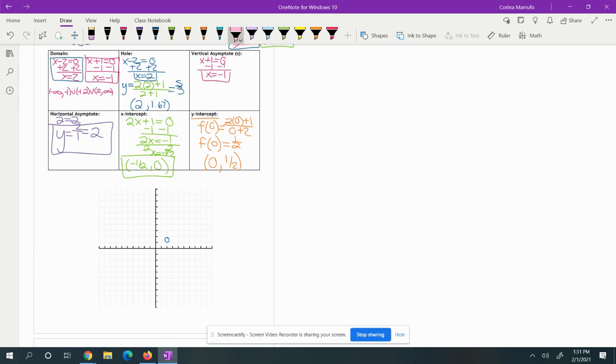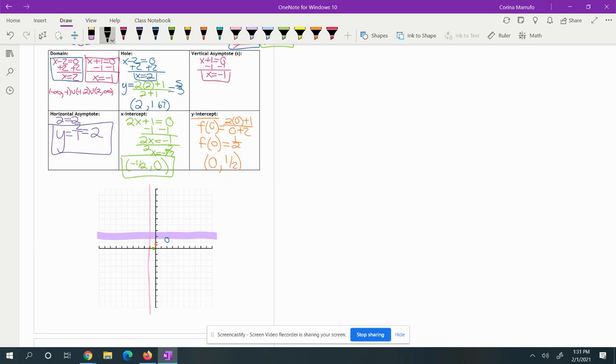And then our vertical asymptote is at x equals -1, so right here. And then we have a horizontal asymptote at y equals 2. Then we have an x-intercept at -1/2, 0, so it'll be right here. And then we have a y-intercept at 0 and 1/2.